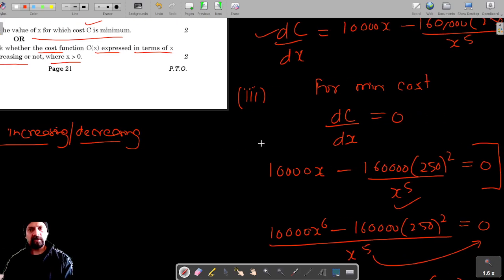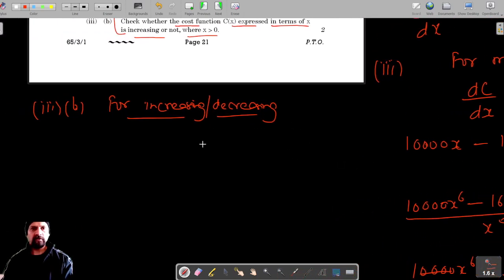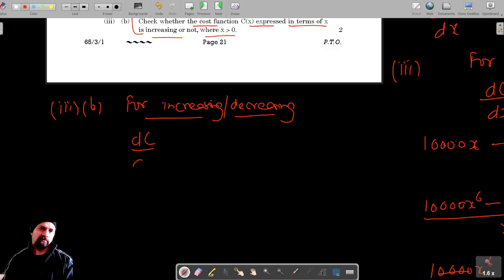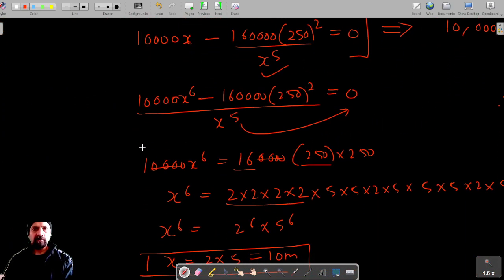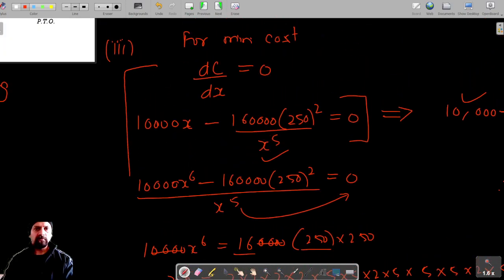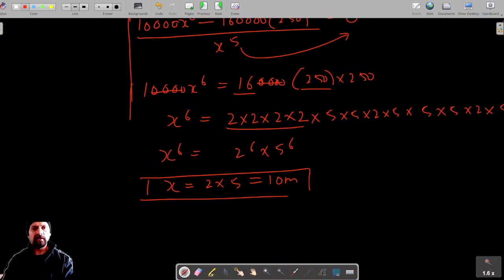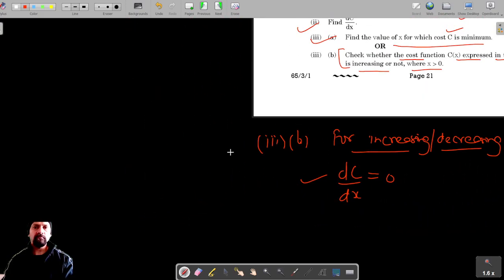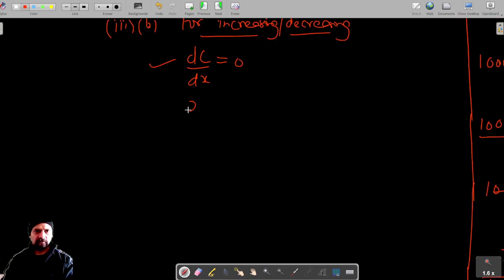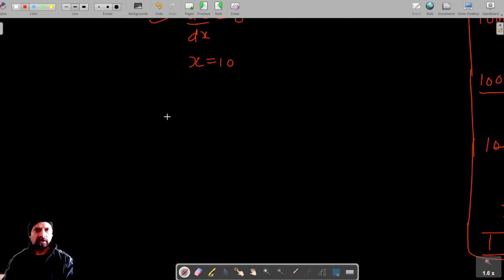And for this, we have to find the value of x. So let's find out the value of x. dc by dx is equal to 0. If we put dc by dx is equal to 0, we have already got the result here, which gives us x is equal to 10.